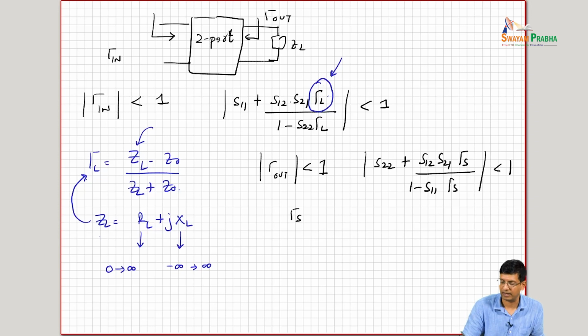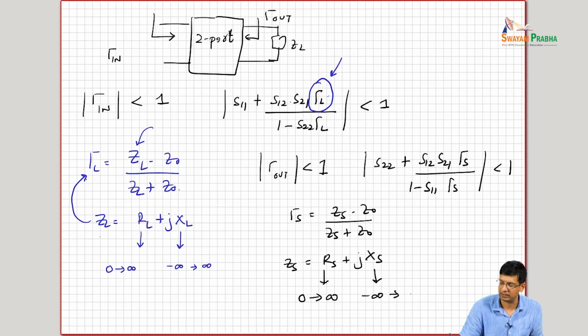And again, gamma S I'm defining as (ZS minus Z naught) divided by (ZS plus Z naught), and ZS I'm defining as RS plus j times XS. RS again goes from 0 to infinity, XS can go from minus infinity to plus infinity, right?